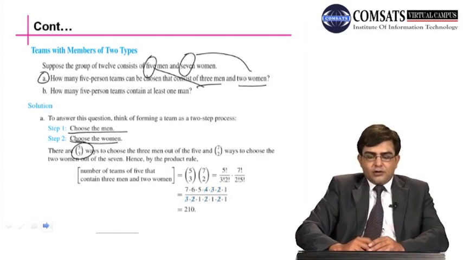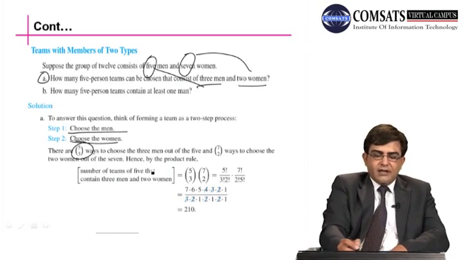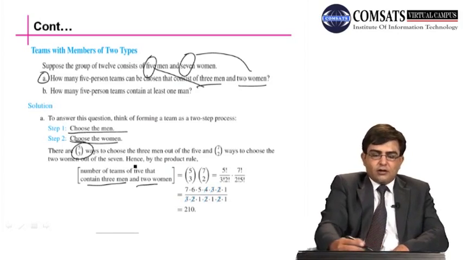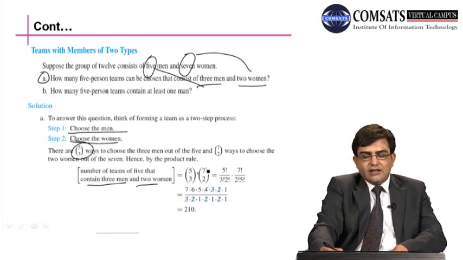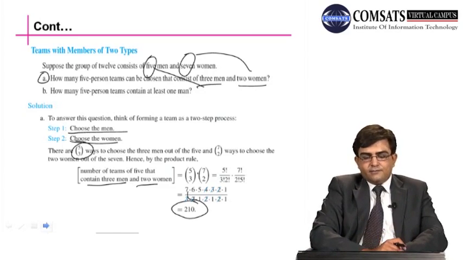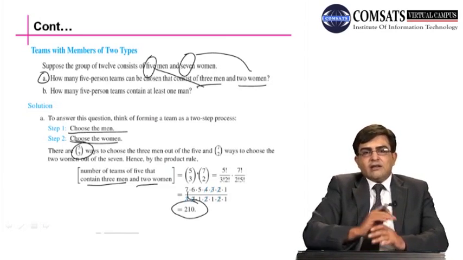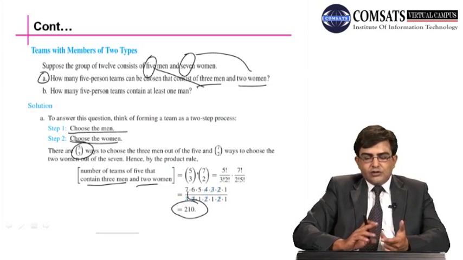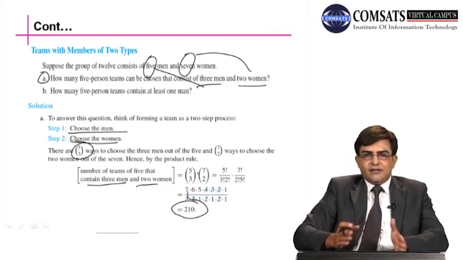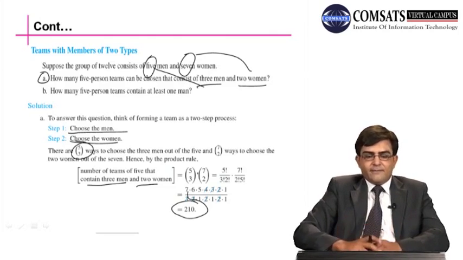Hence, by using the product rule, the number of teams of 5 that contain 3 men and 2 women is the product of these two, 5C3 times 7C2. We simplify it and we get that 210 teams can be selected with 3 men and 2 women. Any 2 women out of 7, any 3 men out of 5.